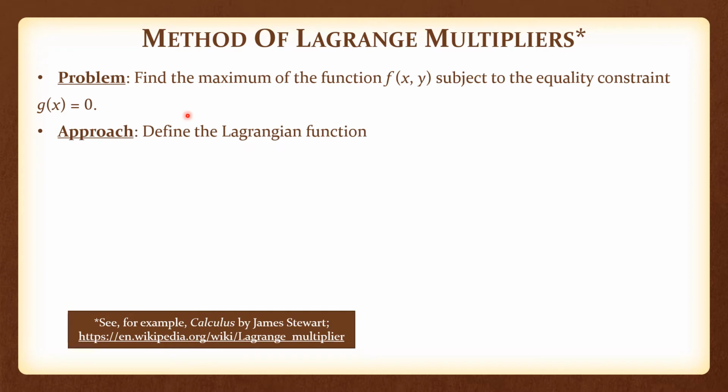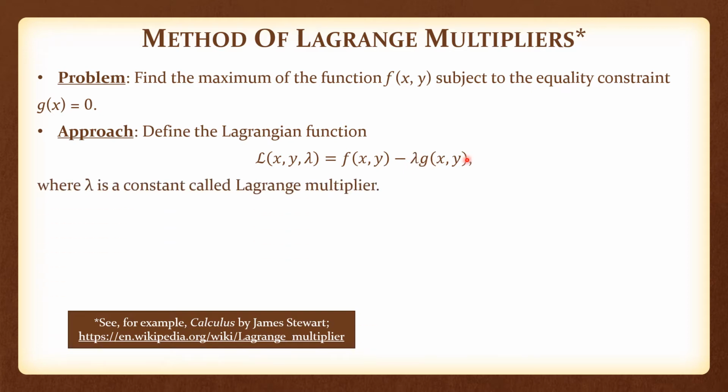The approach is this: define the Lagrangian function. We define a new function L, given by f of x comma y minus some constant lambda times g of x comma y, where lambda is a constant which we call the Lagrange multiplier.